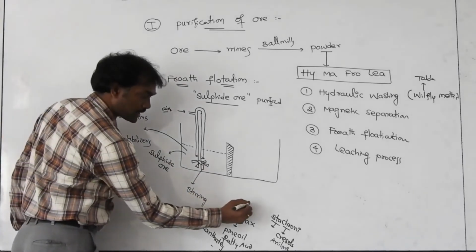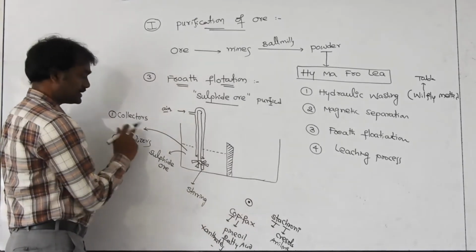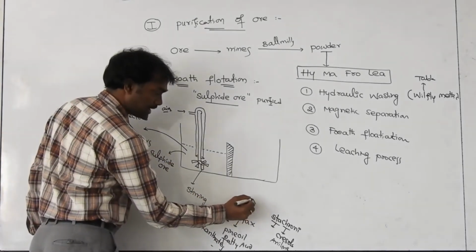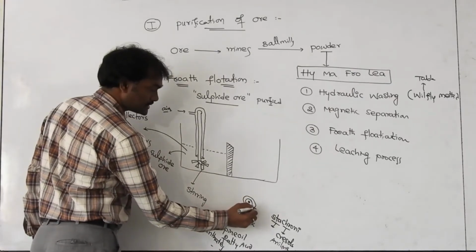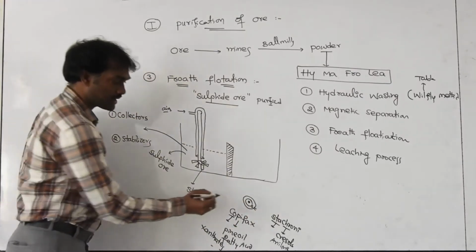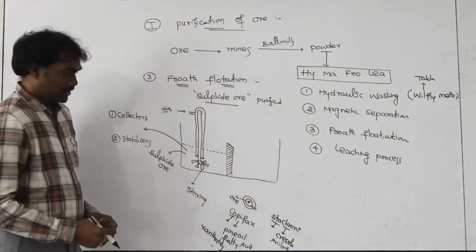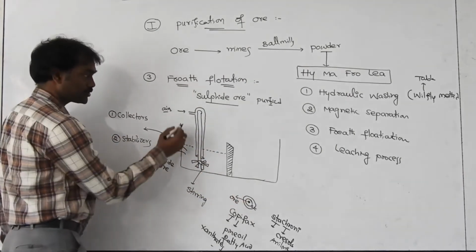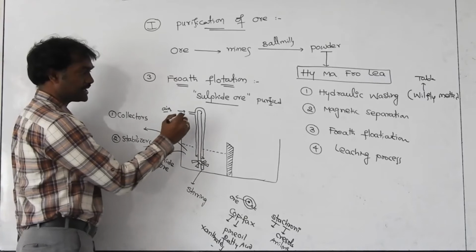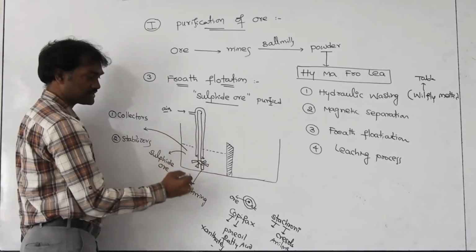The ore particle is surrounded with stabilizer, and the stabilizer is surrounded with collectors. So now this ore will be lifted from the water. Both collectors and stabilizers are mixing, and you are sending continuous air with continuous stirring.